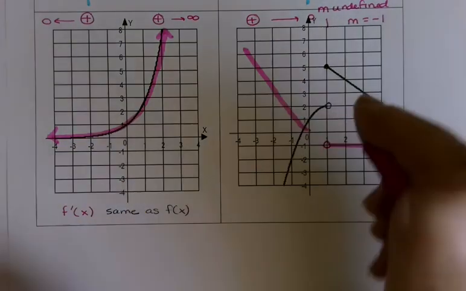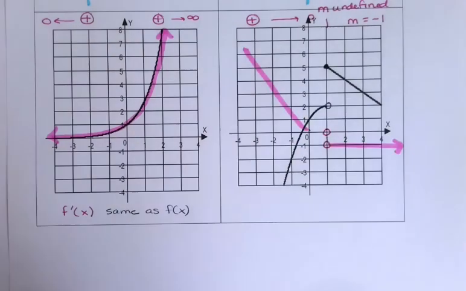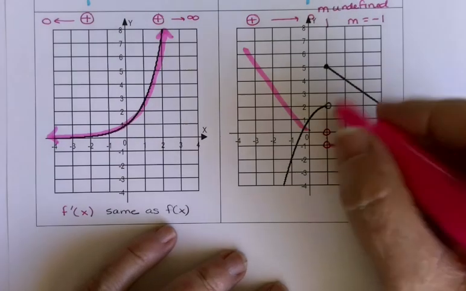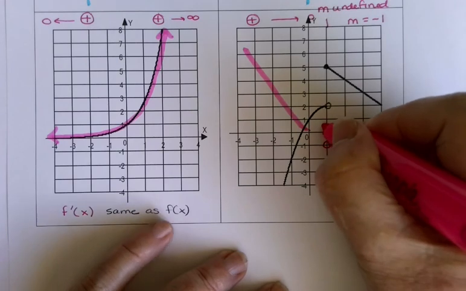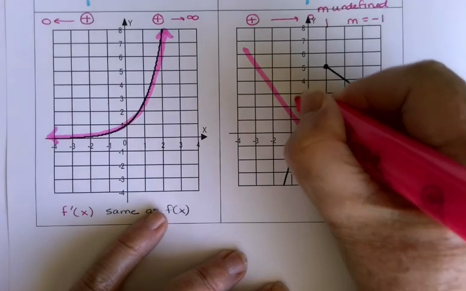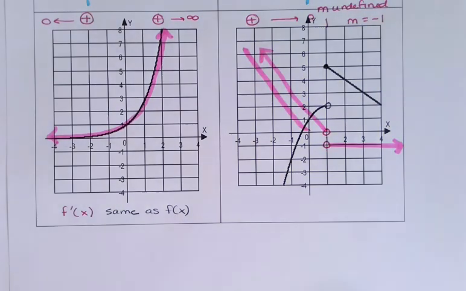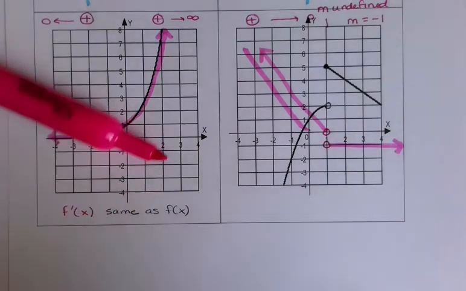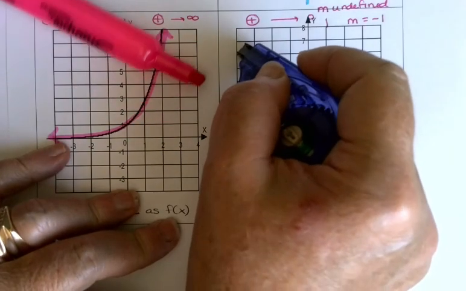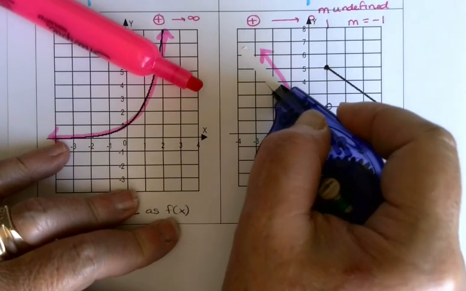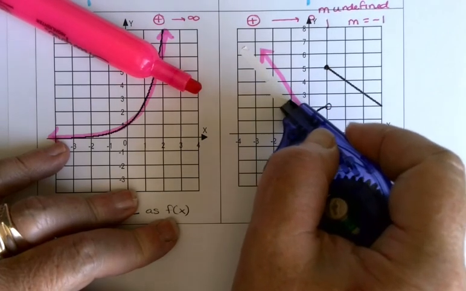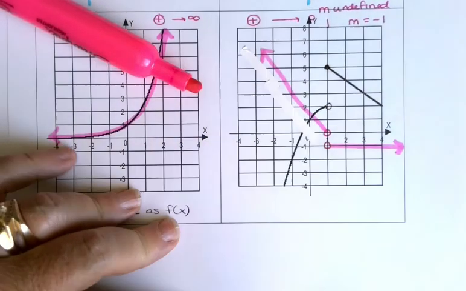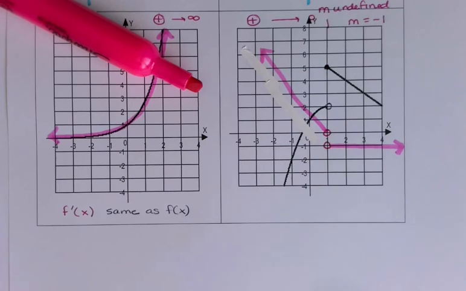I actually have to get close to 0 here. And then the slopes just get bigger and bigger as I move away from there. That should not be there. And there we go. There's the graph of our derivative function.